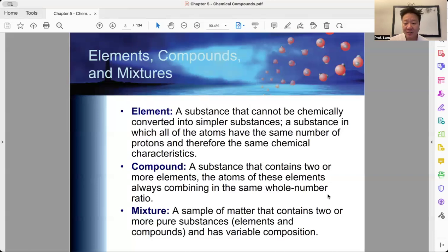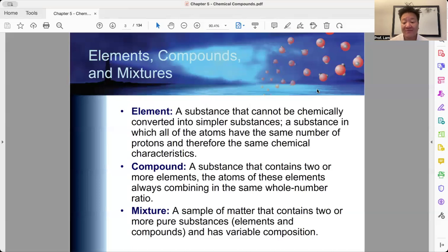And then a mixture is a sample of matter that contains two or more pure substances. That could mean a mixture of different elements, a mixture of different compounds together, like, for example, salt and water would be a mixture, or a mixture of elements and compounds together.